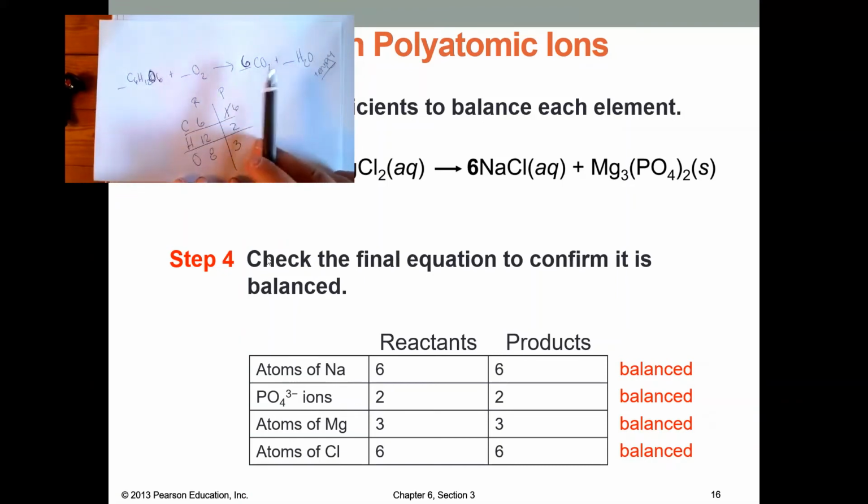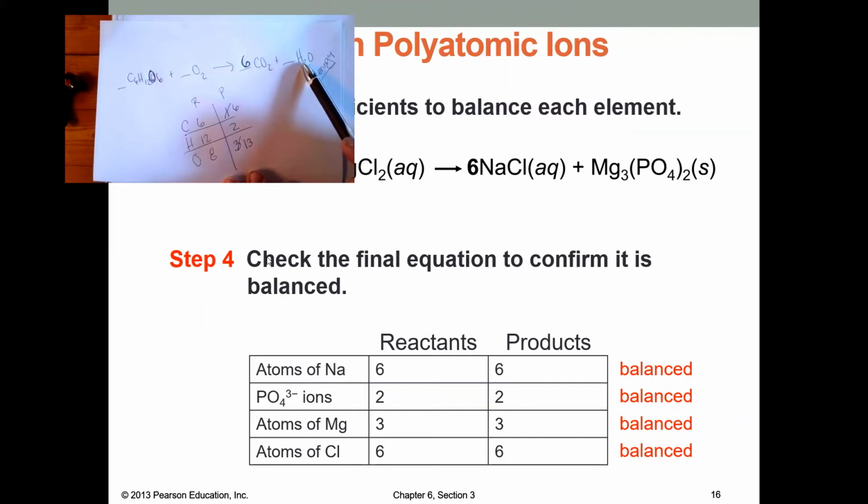So now that changes the amount I have in my products. It also changes the amount of oxygens I have. So now I have 6 times 2, which is 12, plus 1, can't forget about that. So now I have 13. So let's keep going down the line because we're balancing starting off of this molecule here. I have 12 hydrogens. So what do I need to do to get 12 on this side? Each molecule of this has 2.